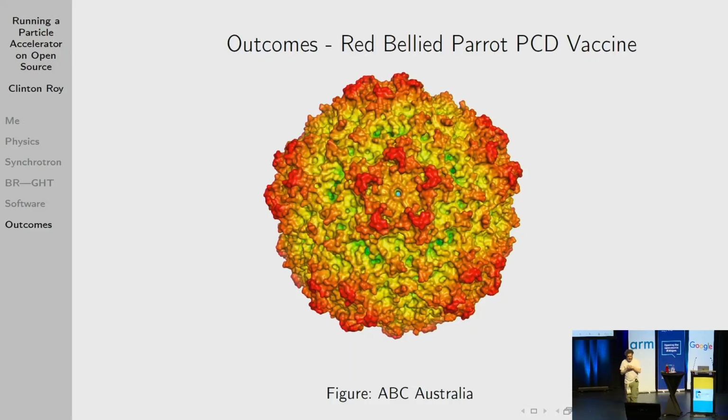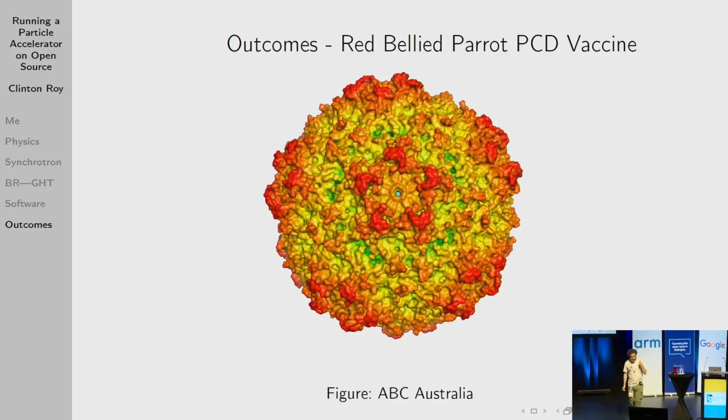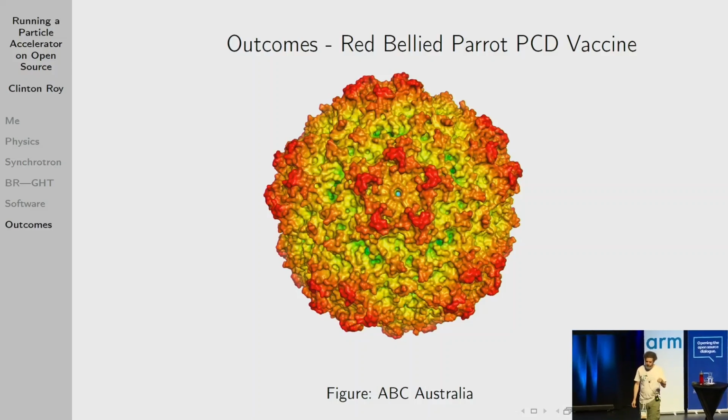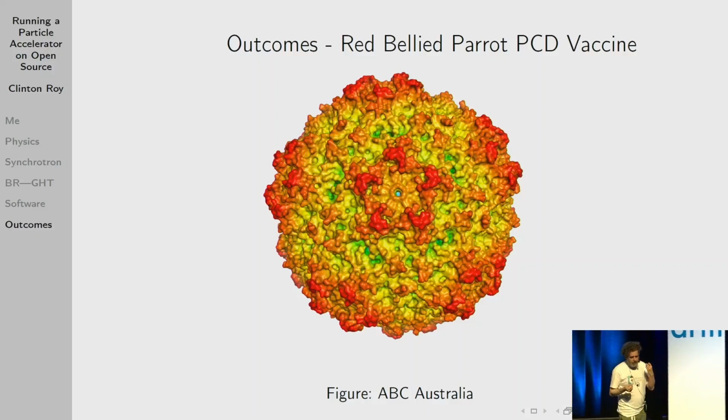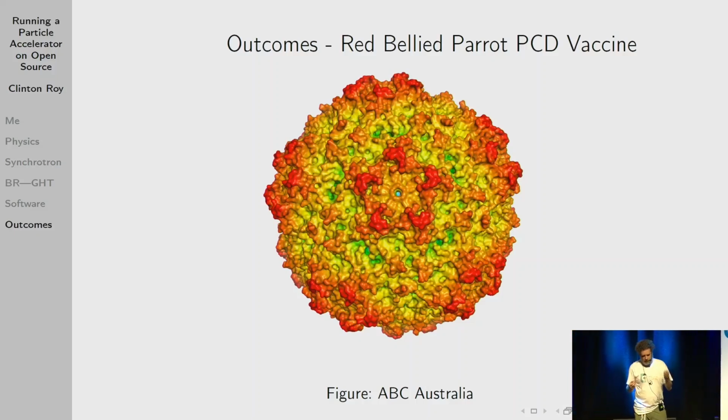The things that the synchrotron is really good at doing is showing you the physical structure of proteins. So PCD is, no, I can't remember it. It's a particular disease that affects all sorts of birds in a particular family.